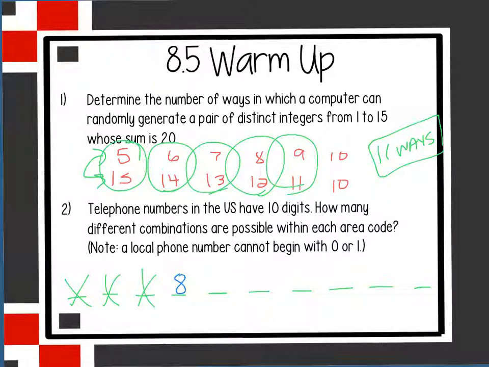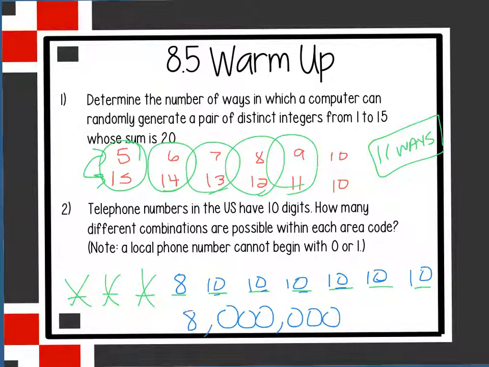The next one would be how many? 10 and 10 and 10 and 10 and 10 and 10. So 1, 2, 3, 4, 5, 6 zeros, which means that there is 8 million possibilities within an area code.